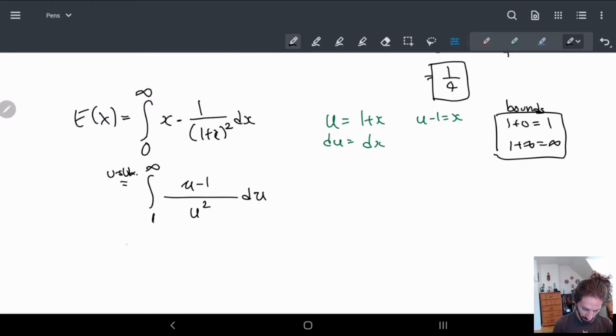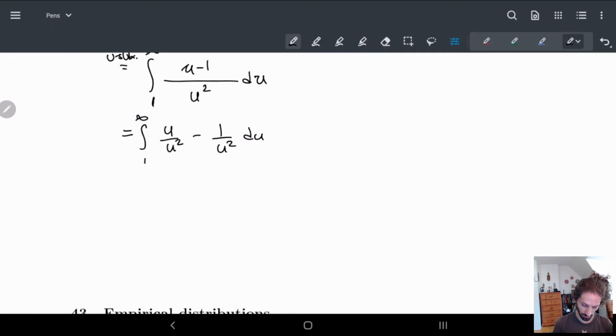So it's not too bad of a problem. The reason we did this is because now I can split this up into u over u squared minus 1 over u squared. That's a much easier problem to solve.